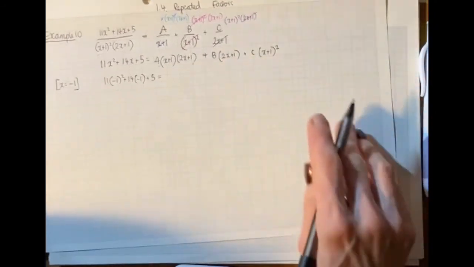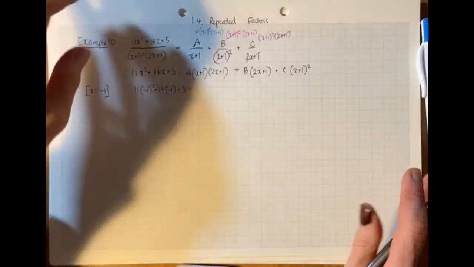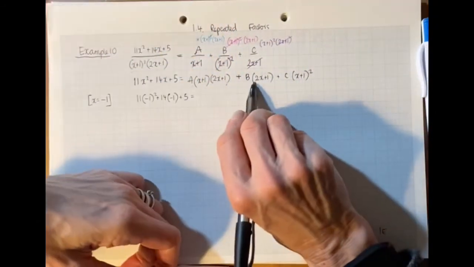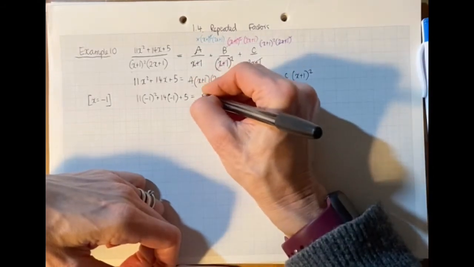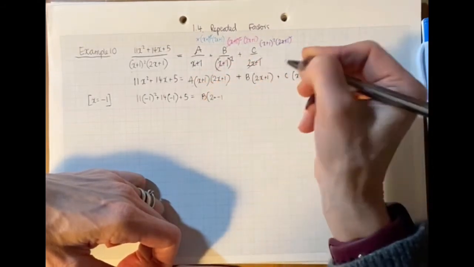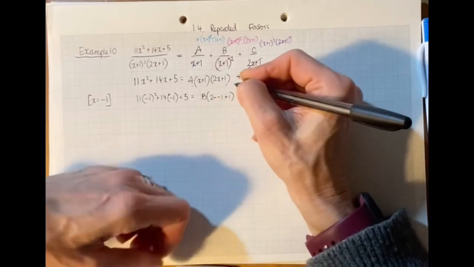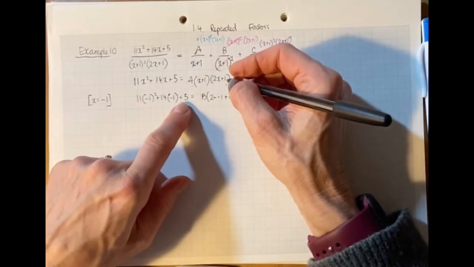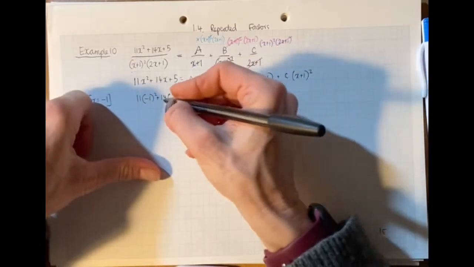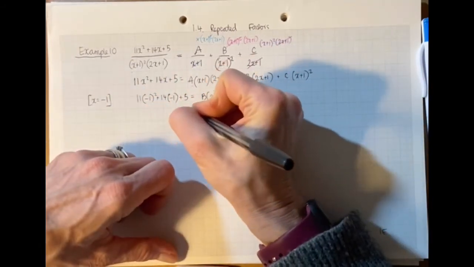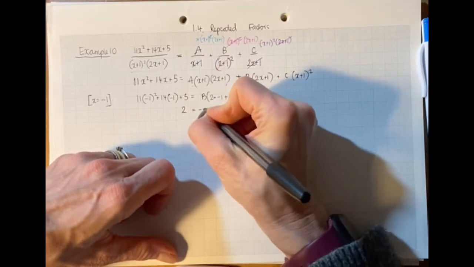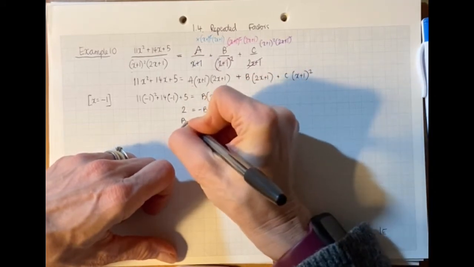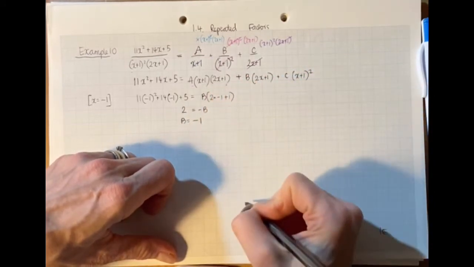So you just need to consider the middle part. If you put minus 1, you have 2 times minus 1 plus 1. Put it into the calculator, you have 11 plus 5, 16 minus 14, so that's going to be 2, is equal to minus b. That gives me b is equal to minus 1.